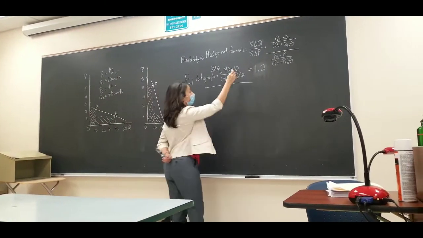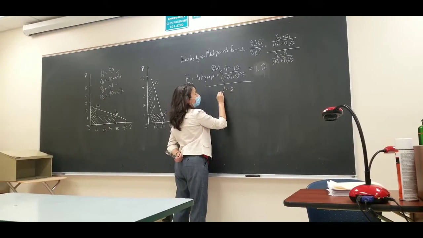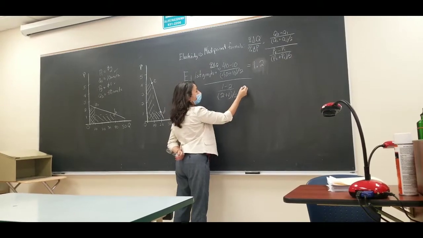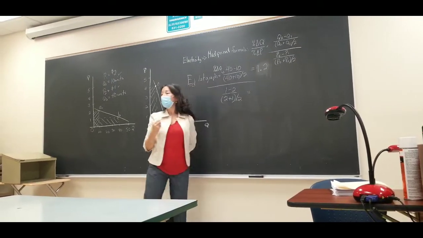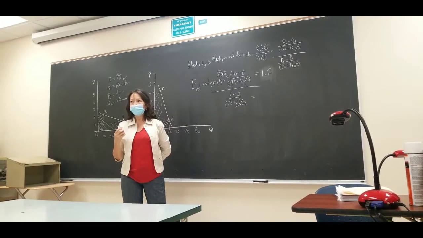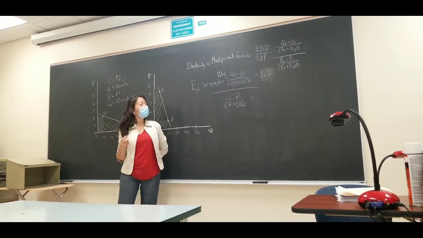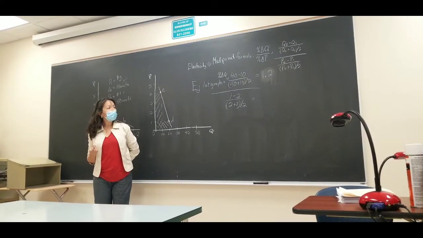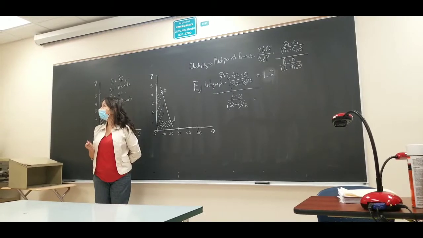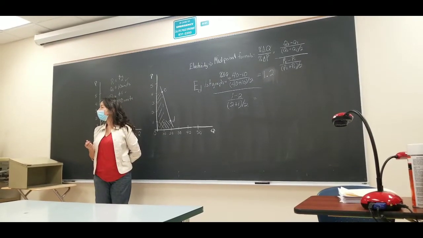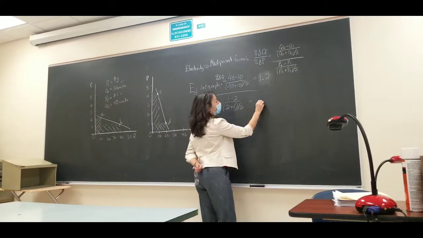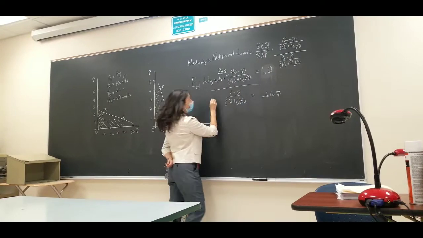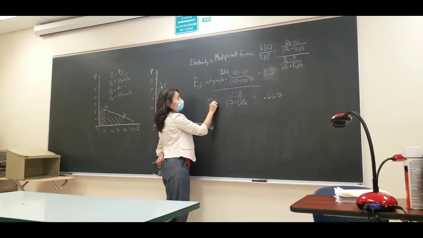Let's plug it in: 1 minus 2 over 2 plus 1 divided by 2. 1 minus 2 is negative 1, divided by 1.5, which is about 0.667. So that's our percentage change in price.